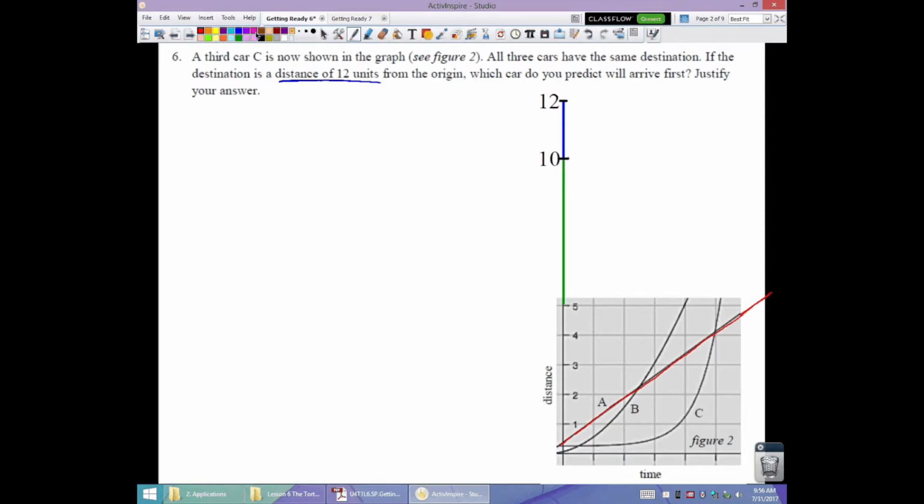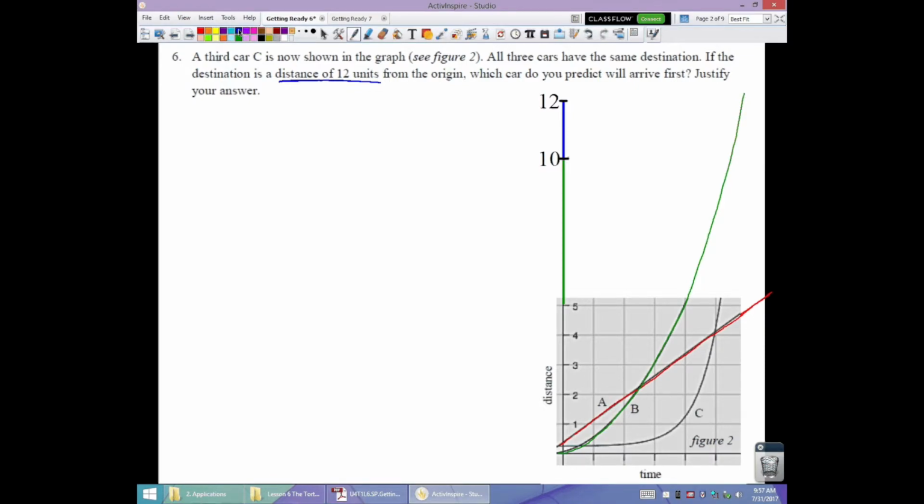So it's really down to either graph B or graph C, the two curves. Well, graph B looks like it may hit, I don't know, at about 1, 2, 3, 4, 5 to 6 units of time.